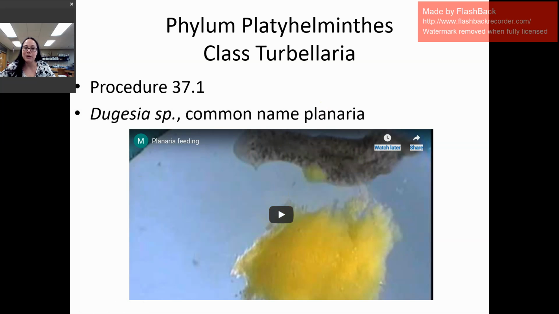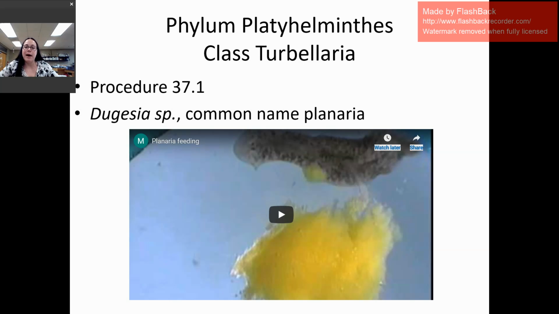It has two little black dots. Those are called eye spots. They allow the worm to detect light, to see shadow, and then to direct their movement. And then they have little ears that are pointed on the side of the head, so you'll be able to see that as well.